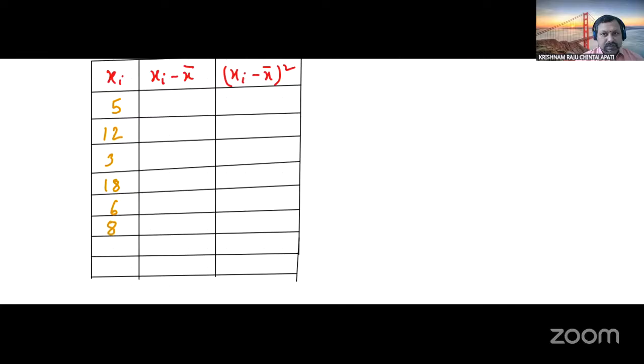So xi minus x bar. So x bar is 8, right?